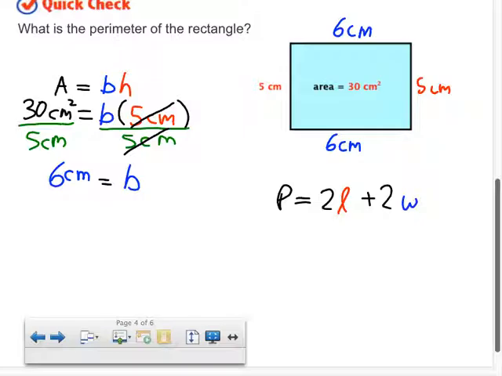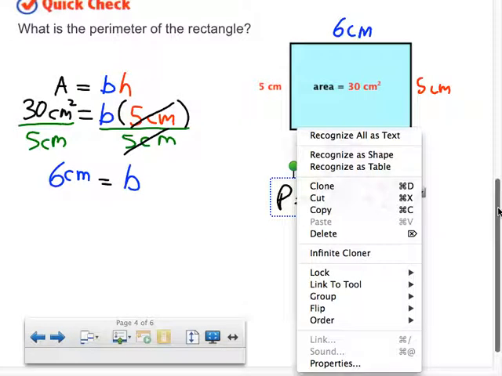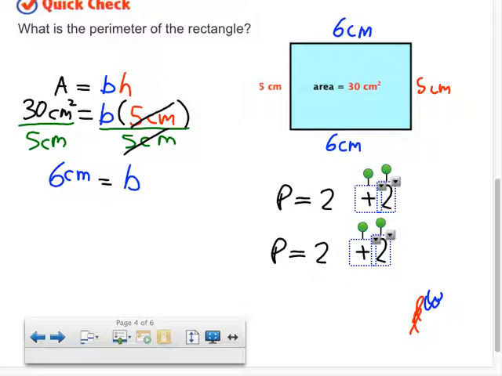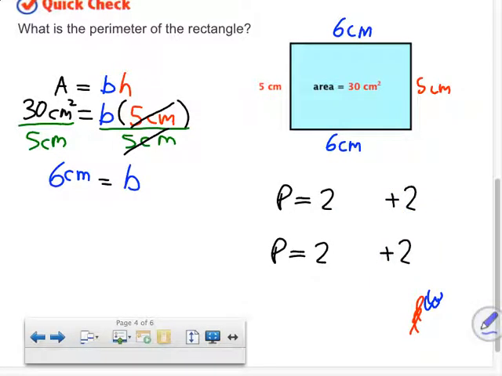So I have the base, and our base is 6 centimeters. And then I have the height, and our height is 5 centimeters.